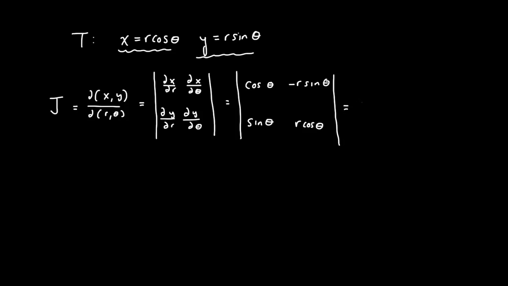Now if we do the determinant, we have r cosine squared theta minus a minus, so plus r sine squared theta, and you see that that comes out to be r. And then the absolute value of the Jacobian is the absolute value of r, which is simply r for r greater than 0. You might notice that we could have switched the r and the theta here. There's no reason we have to do it in that order, in which case the Jacobian would have come out to be negative r, but when we take the absolute value of it, it comes out to be positive r.